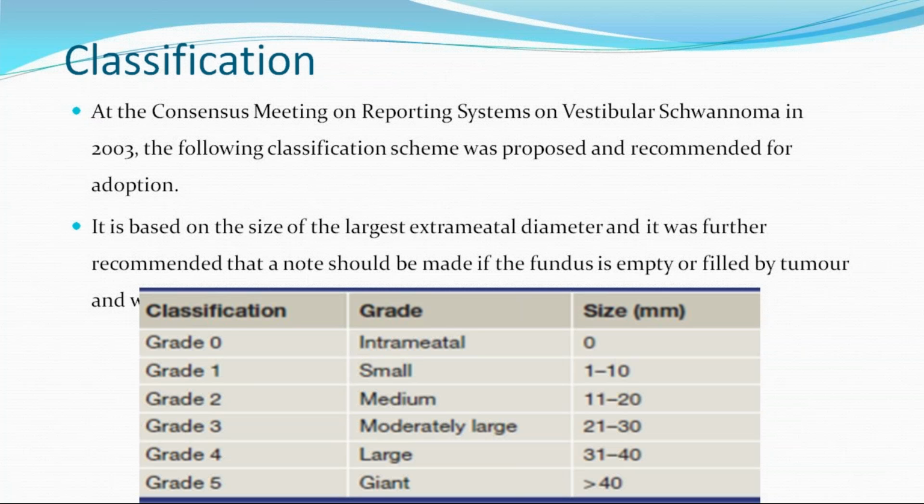But in the case of a cystic tumor, you cannot do that, because sometimes there will be a rapid increase in the size of the tumor. Cystic tumors present with sudden hearing loss, and there might be a rapid increase in size, just like a thyroid tumor, where there is suddenly an increase due to cystic degeneration.